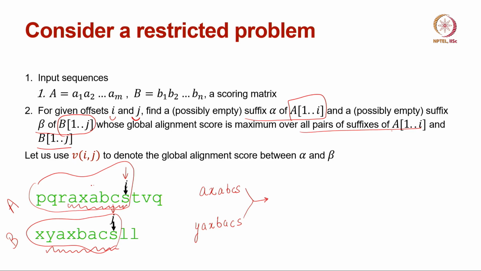I can pick suffix A B C S, or from the second string I can pick B A C S. So in this case I will have to check A B C S and B A C S, and check the global alignment score of these two strings. And as you can see, basically we can pick any suffix ending at i and any suffix ending at j. So we have to make an optimal choice which maximizes the global alignment score between them.